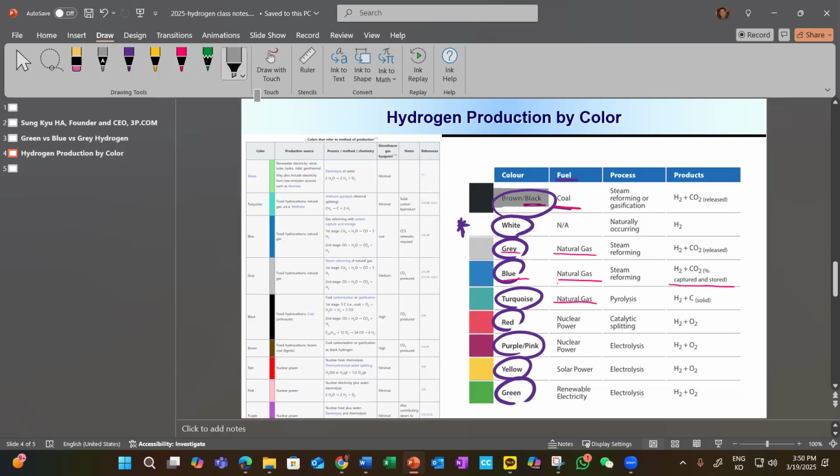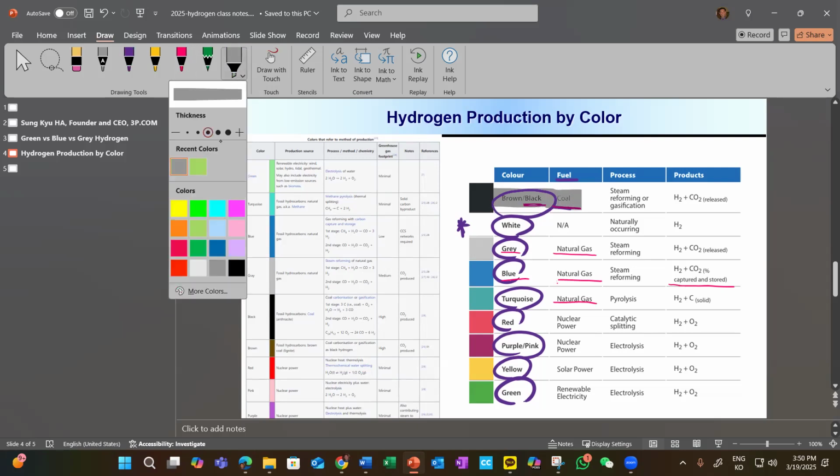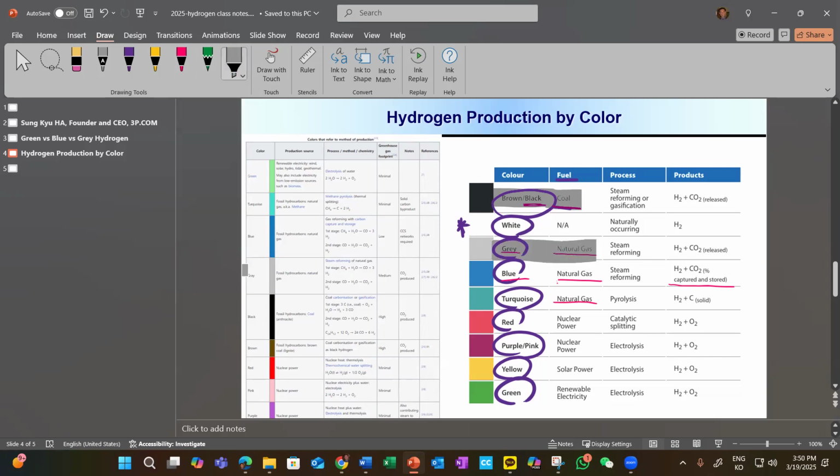This guy and this guy and this guy, they all use CH4 methane, and as you can see, steam reforming and steam reforming procedures.